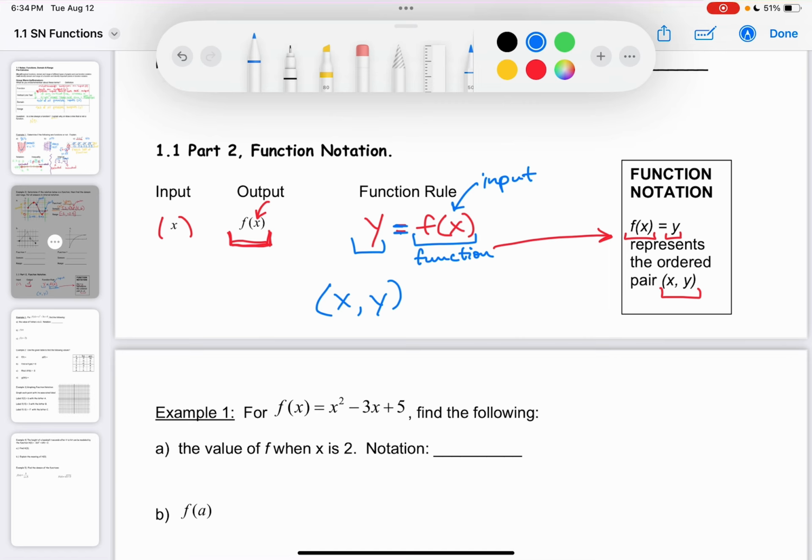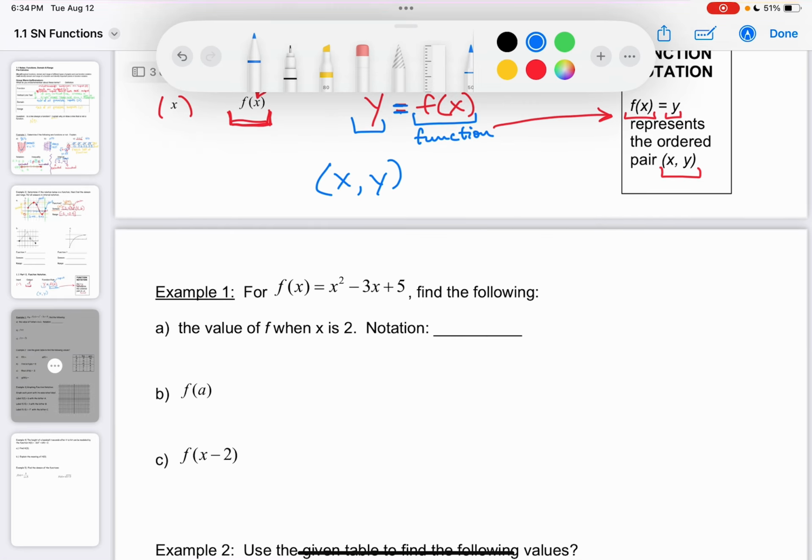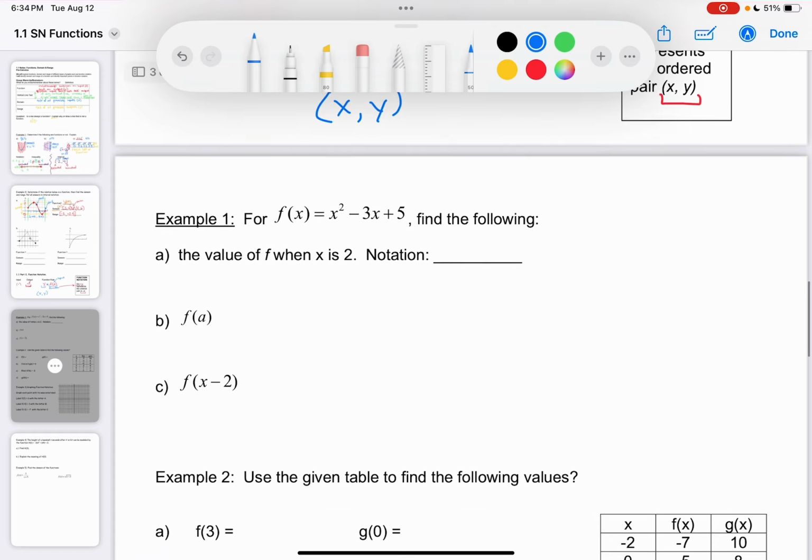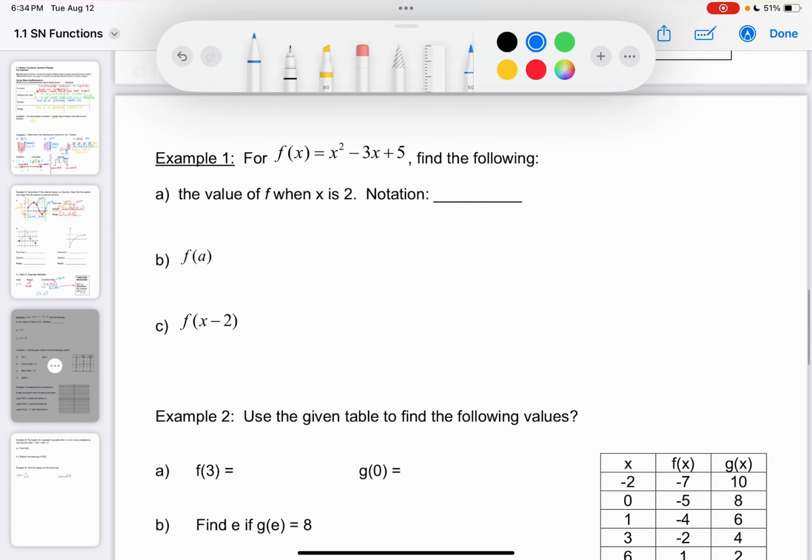Let's try a few more examples using actual functions. So this looks a lot more like something you'll see in class soon. We have a function here, f of x, and it is x squared minus 3x plus 5. So it asks us to first find the value of the function when x is 2.